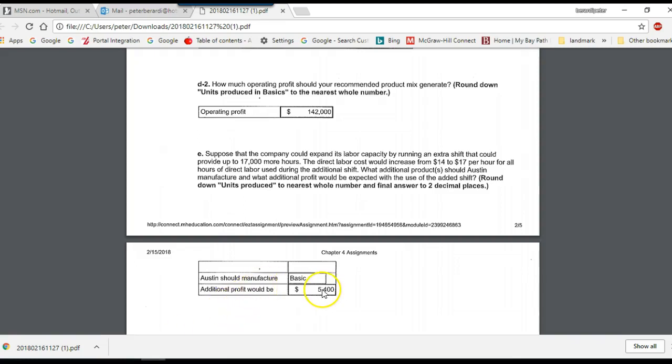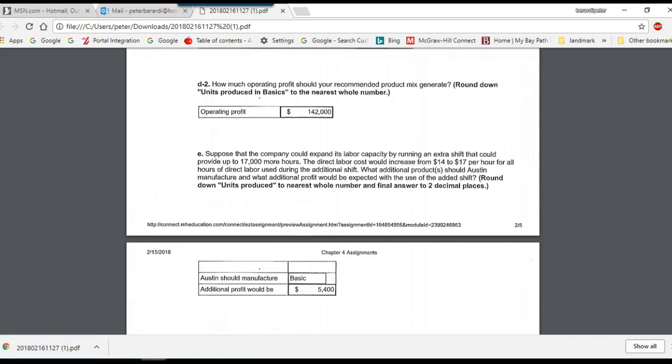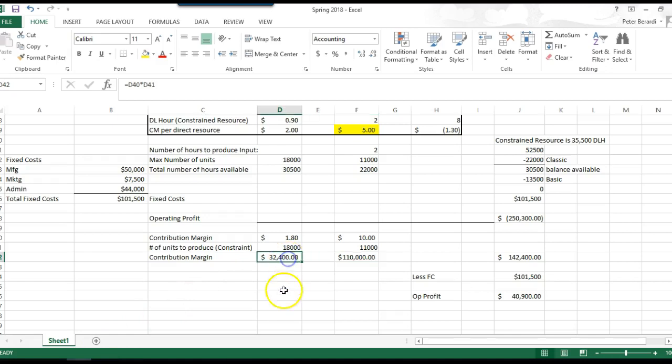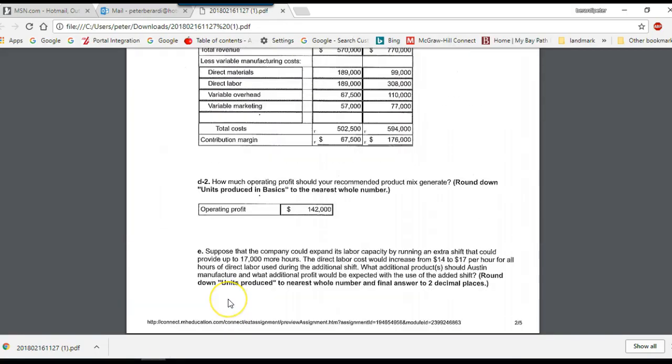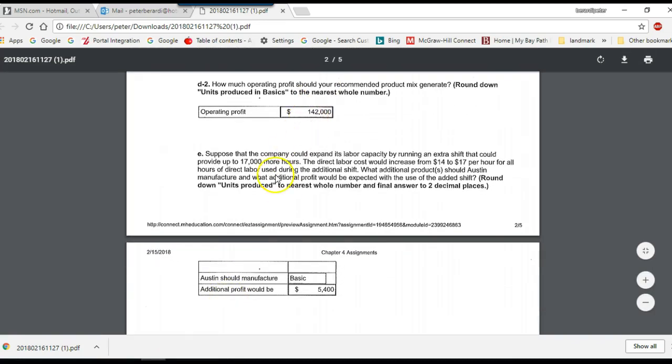And here is basically the summary of that. The operating profit now becomes $142,000. So if we calculate the contribution margin, operating profit is $142,000.